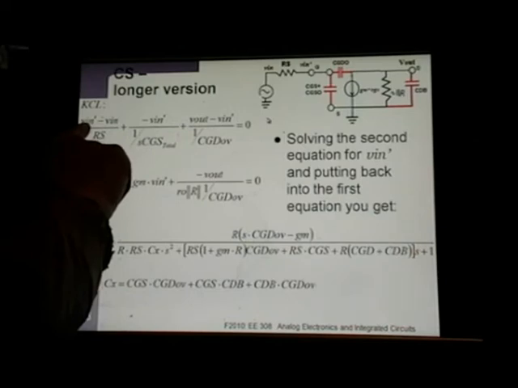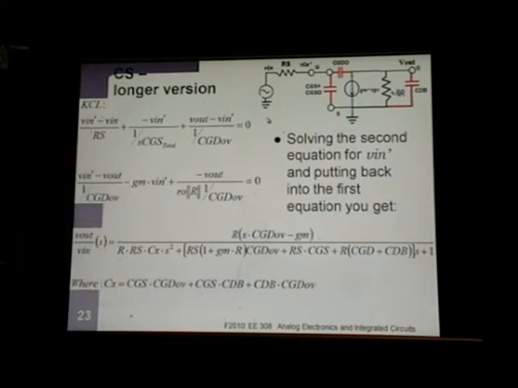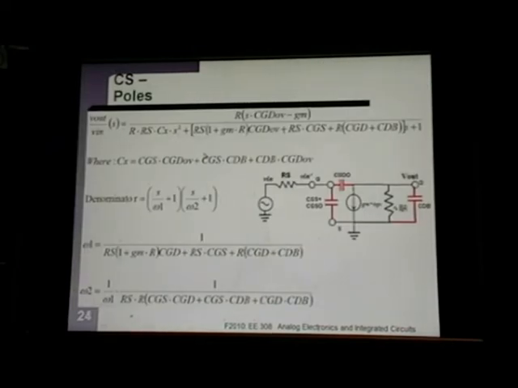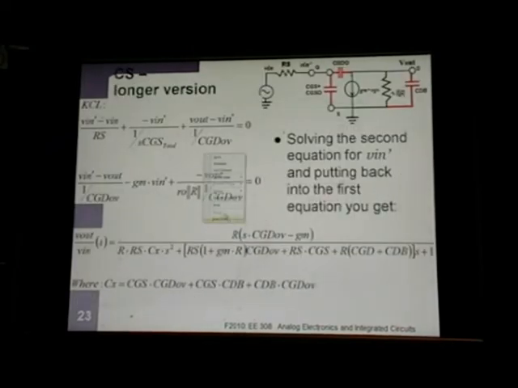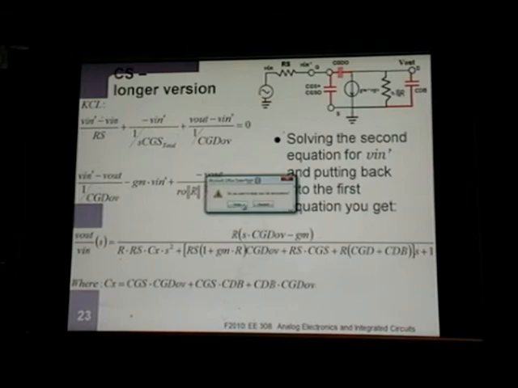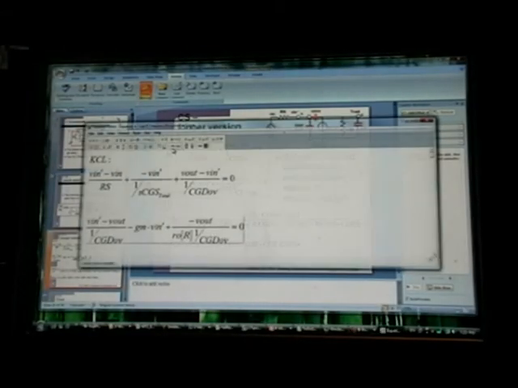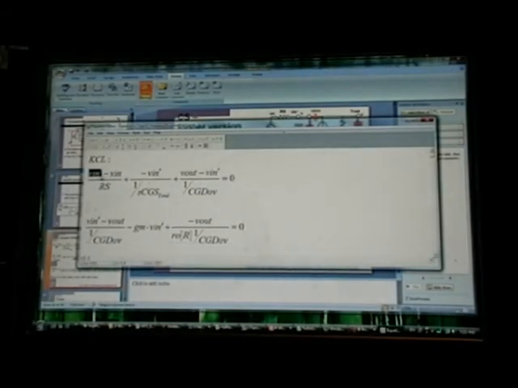Current into the node. I do have this backwards. Okay. Let's fix that.